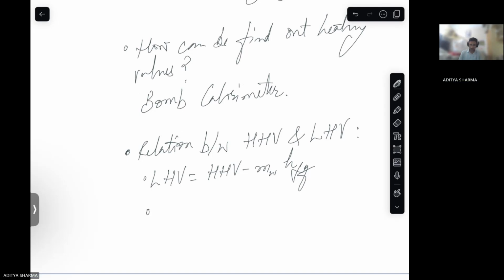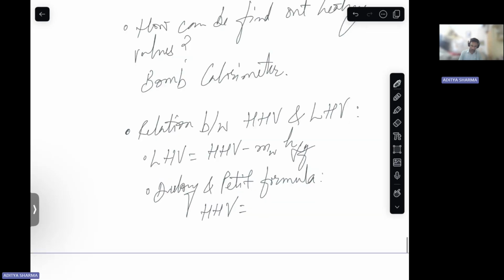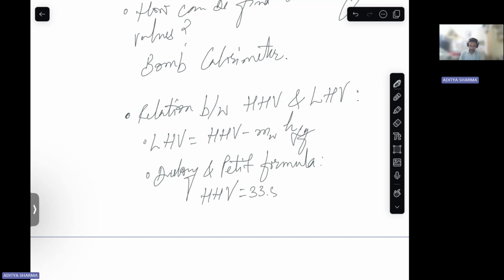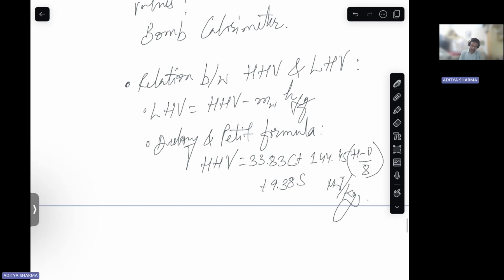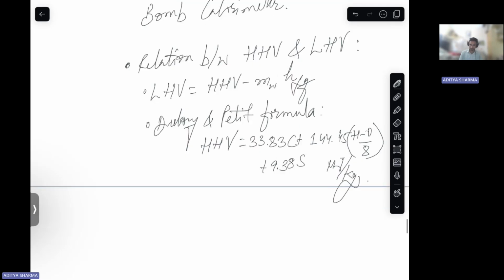Then there is the Dulong and Pettit formula, which can be used to calculate the high heating value, and from the high heating value you can further calculate the low heating value. Here C is the mass fraction of carbon, H is the mass fraction of hydrogen, O is the mass fraction of oxygen, and S is the mass fraction of sulfur.